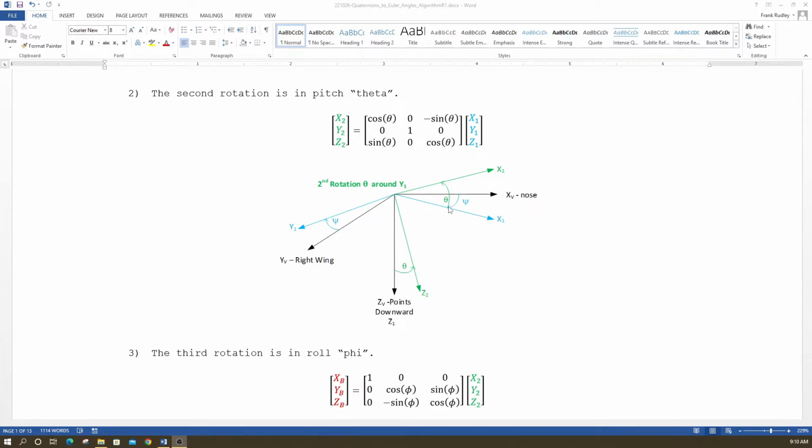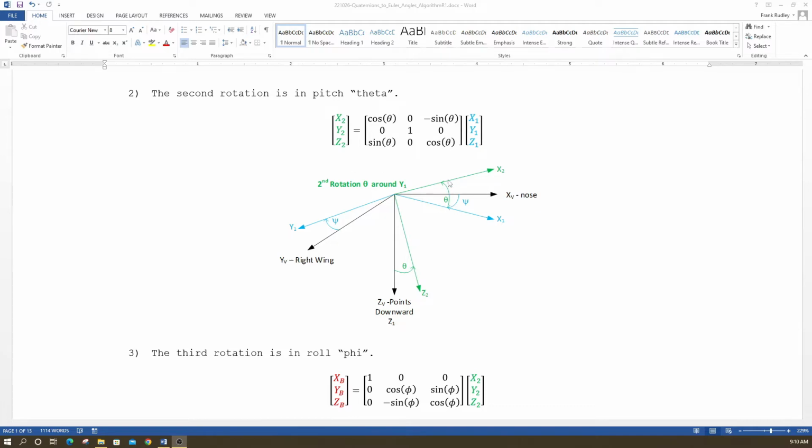So the next rotation is around the y1 axis in theta, and we develop x2, y2, and z2. So y2 is aligned with y1. Now where the nose of the aircraft used to be here, it's over here after the first rotation, and after the second rotation it's aligned with x2. So this is the next vector, x2, y2, and z2, which is rotated from x1, y1, and z1.